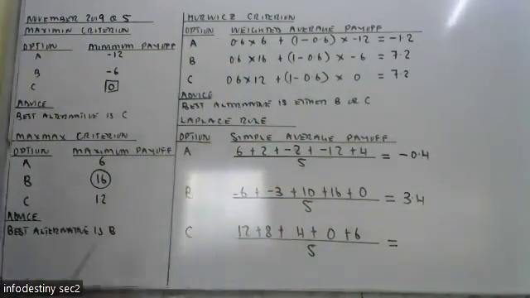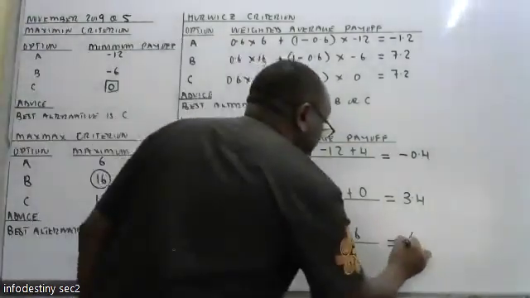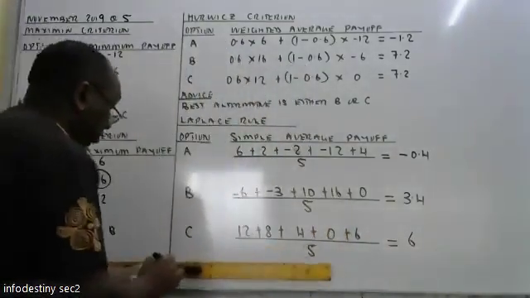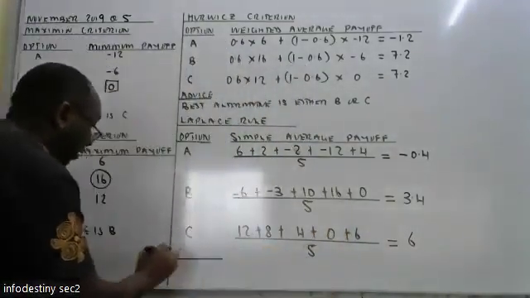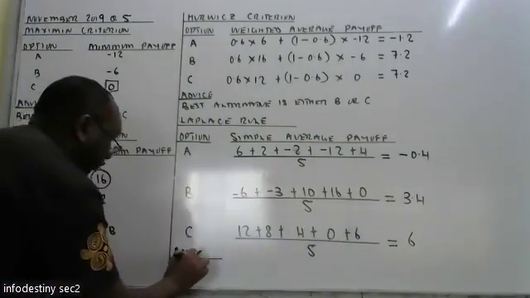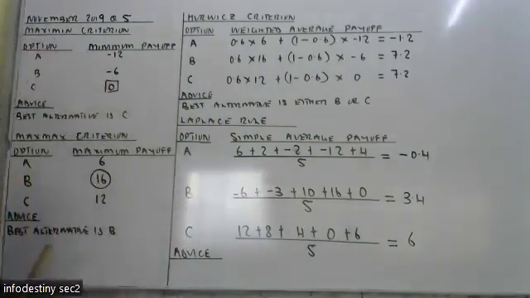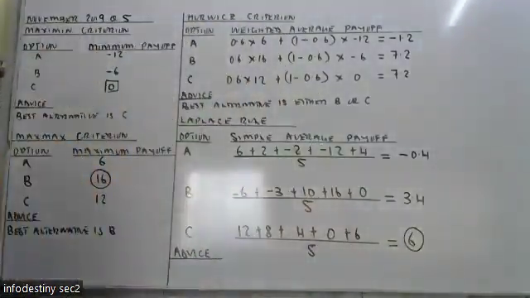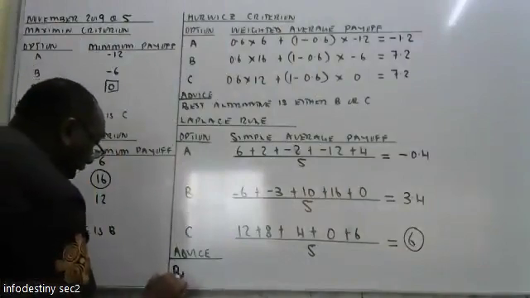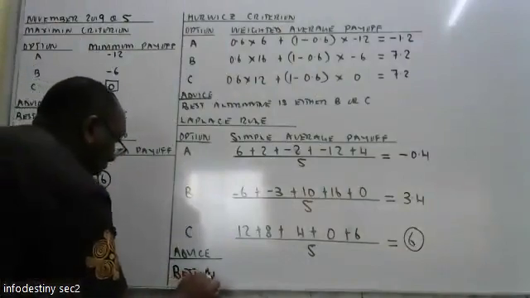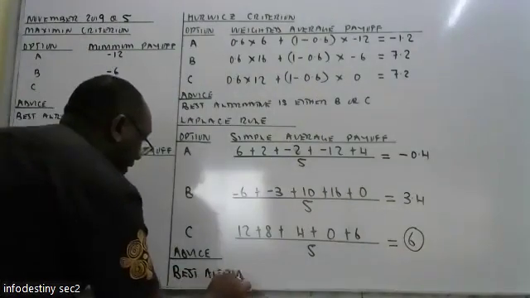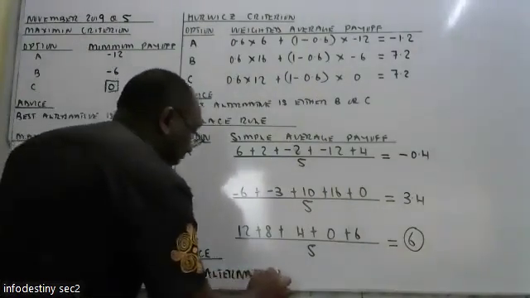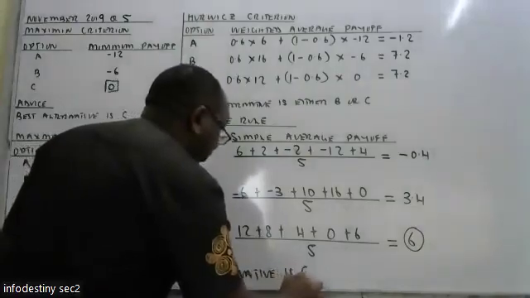You get 6. So the advice that we are going to give, we also pick the highest. So the highest is this one. So the best alternative is C.